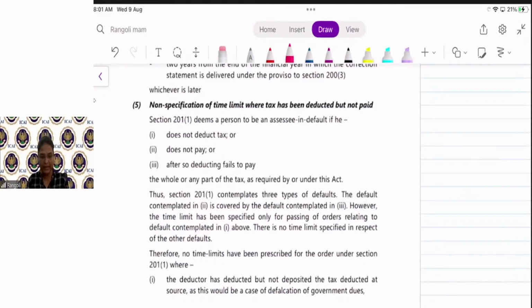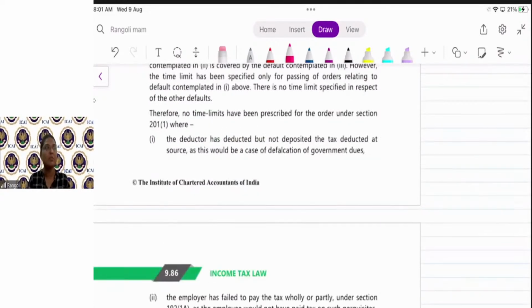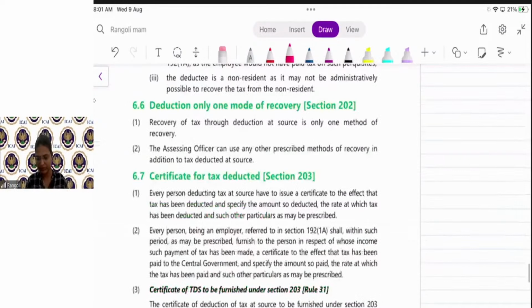In that case, the income tax department can give an order at any time and take action at any time. Recovery of tax deducted is only one method. The assessing officer can also opt for any other method for recovery of tax dues from the payer.